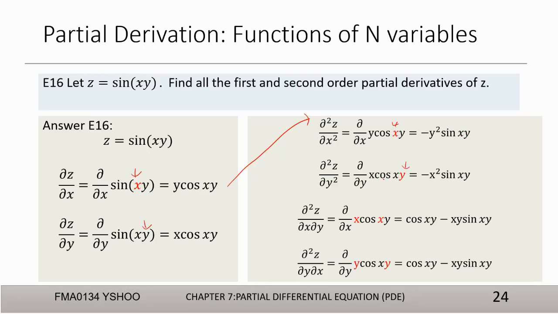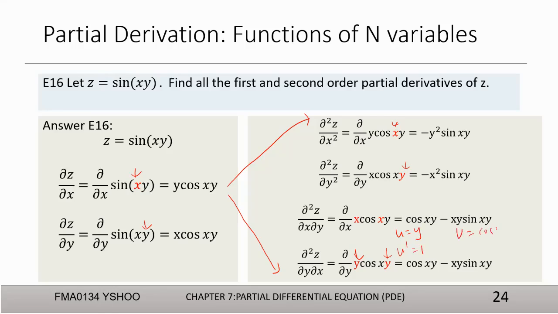Then here is still the same, differentiate cos, actually it is a negative sign, so negative sine xy, so negative x squared. Okay, so from here, if you want to differentiate with respect to y, the first thing we need to check is that we have a y, so that means it is a product rule. As usual, you keep your u as y, so u prime actually is 1.